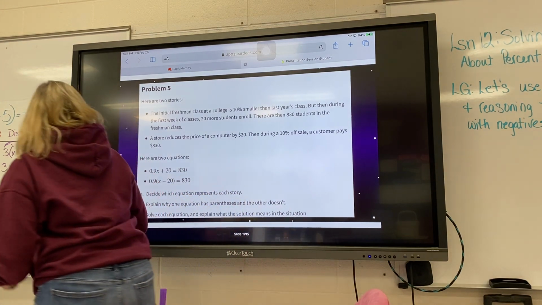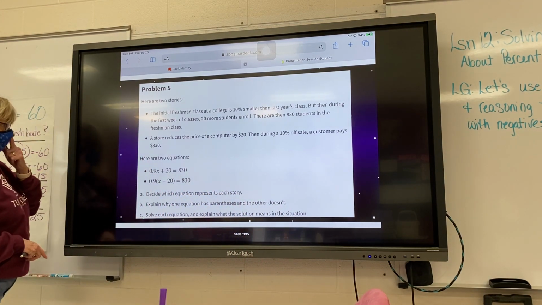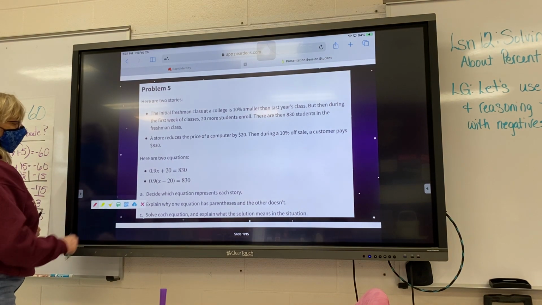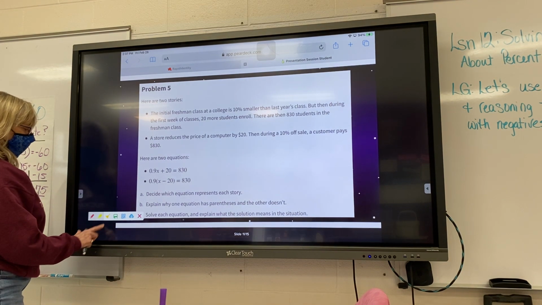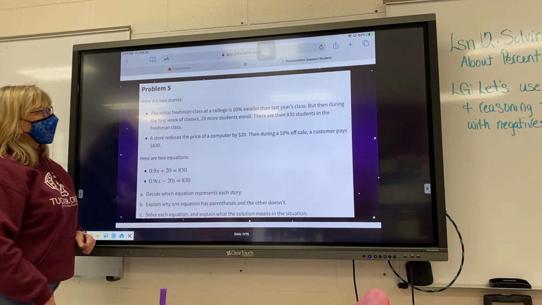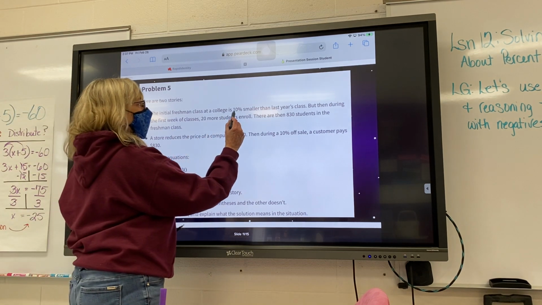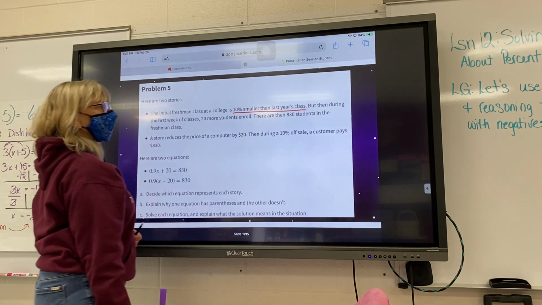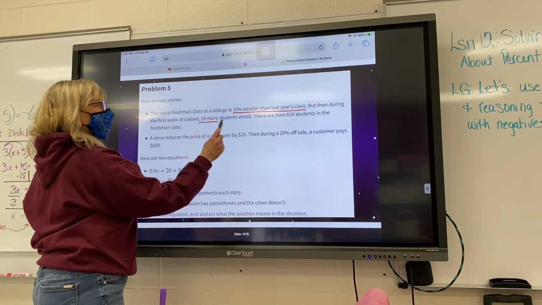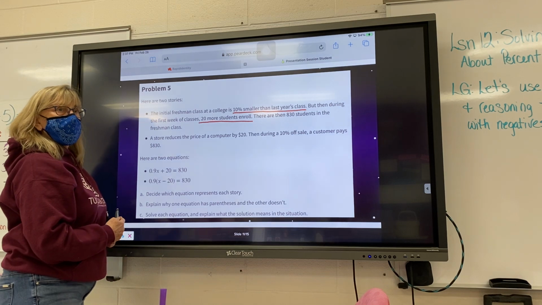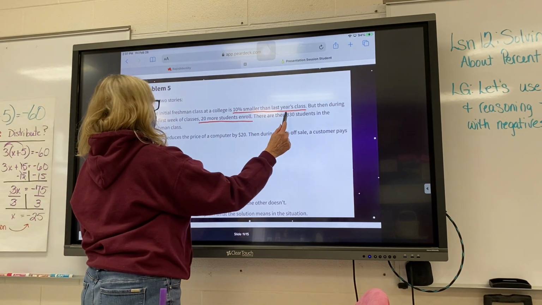What can we count or measure? What's the story about? College students. Okay? What can we count or measure? 10% smaller than last year. More students. 20 more students show up after the first week. There are 830 students in the freshman class.